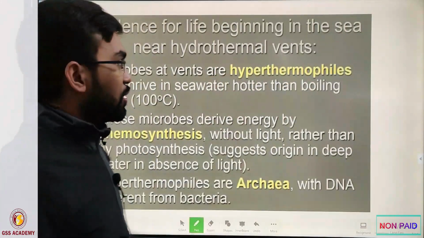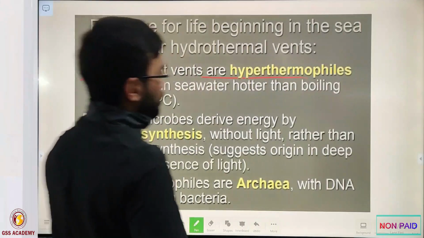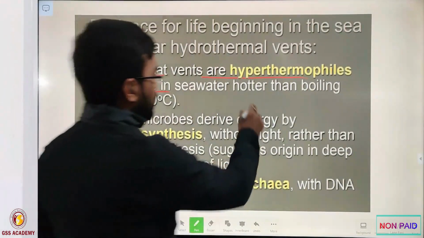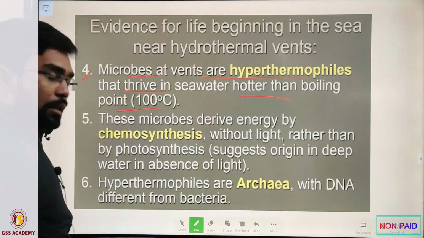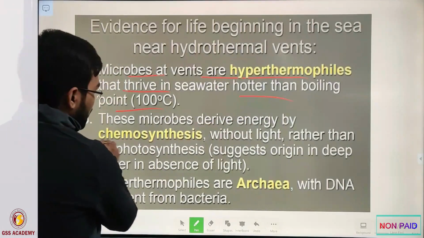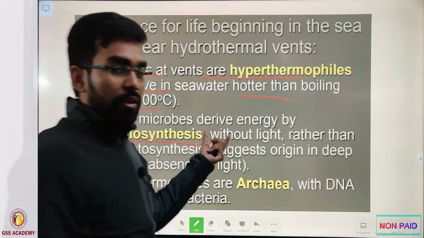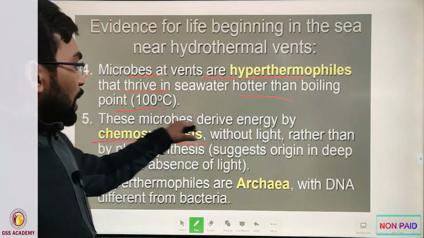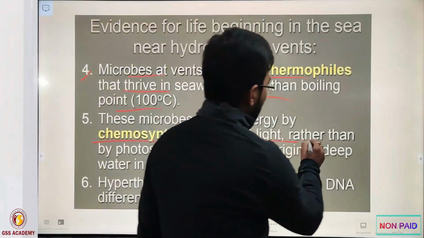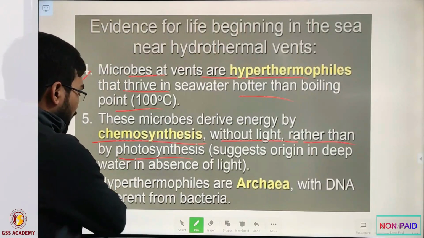I said earlier that microbes at vents, hydrothermophiles, thrive in seawater hotter than the boiling point, 100 degrees Celsius. These microbes derive energy by, and this is an important process you should remember, chemosynthesis, without light, rather than by photosynthesis.